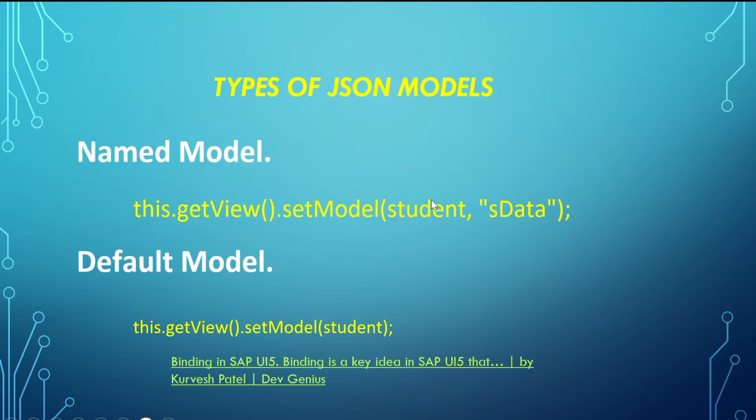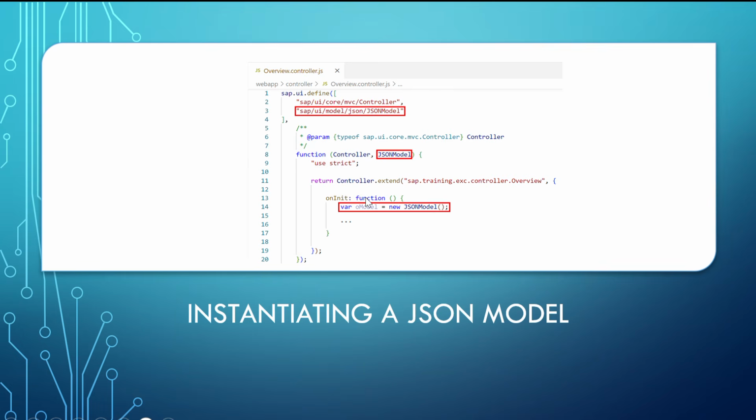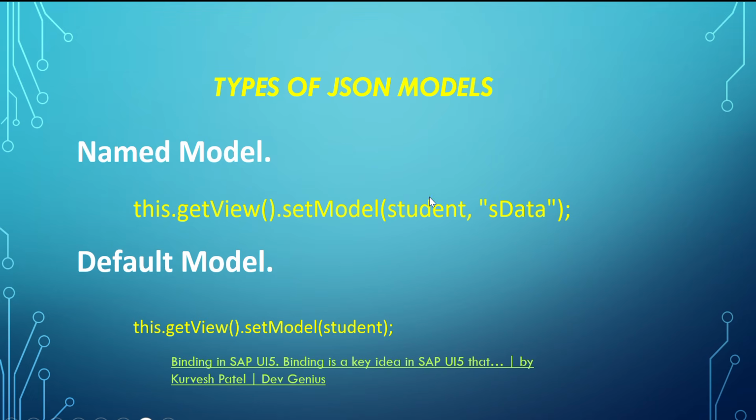Then this is the model name, whatever model name we define here. That name we have to give here, and for a model with some other name, that is nothing but a named model. If you see the difference between the default model and the named model: for the default model, whatever model we declared here, that is the one we set, so we consider it the default model.